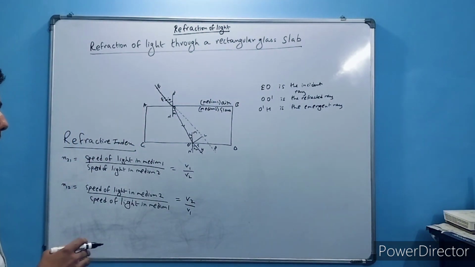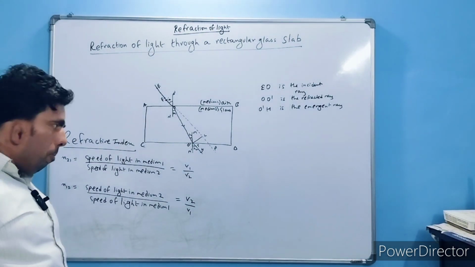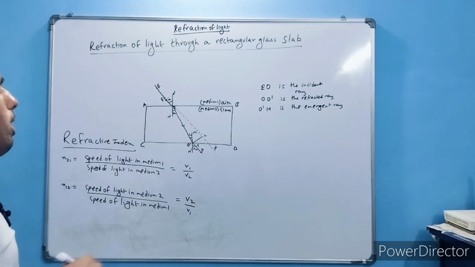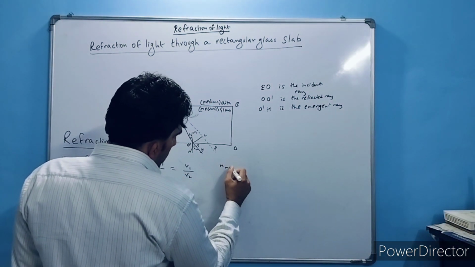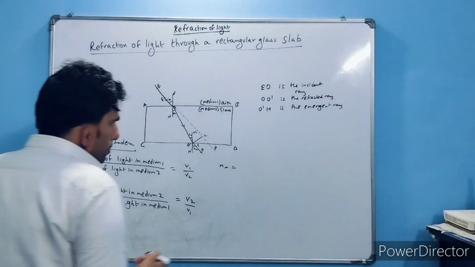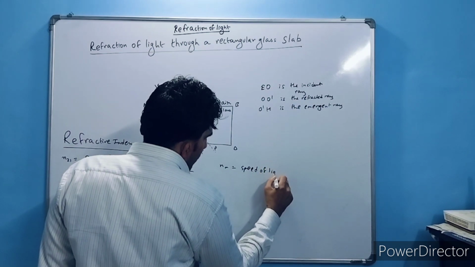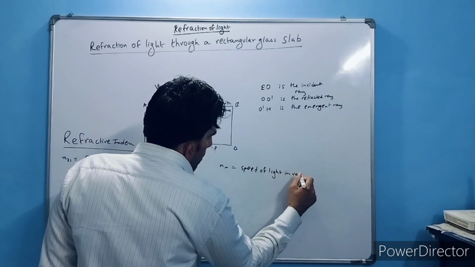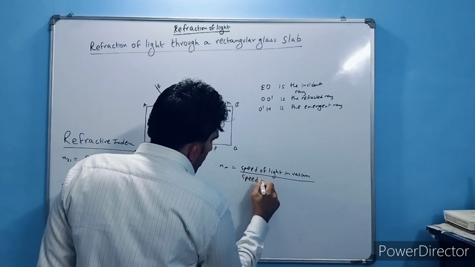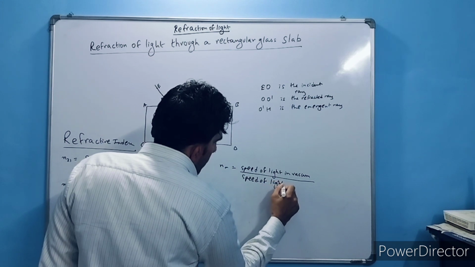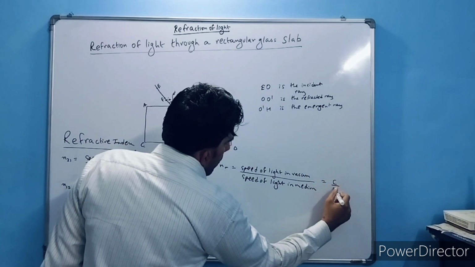One more thing: if, for example, medium 1 is air, that is vacuum, and medium 2 is glass, then the refractive index of a medium will be the speed of light in vacuum upon the speed of light in the medium, that is c upon v.